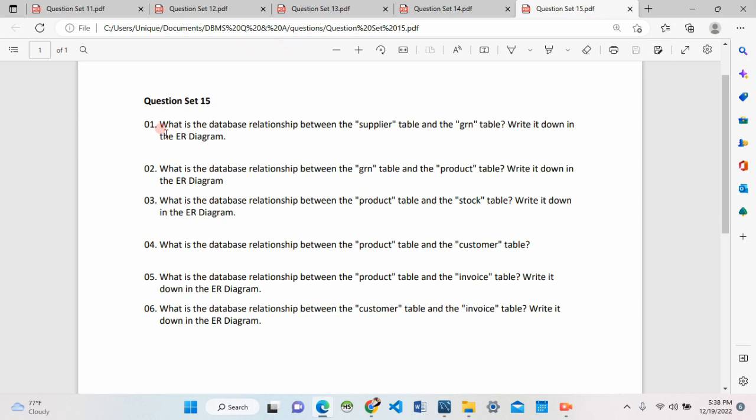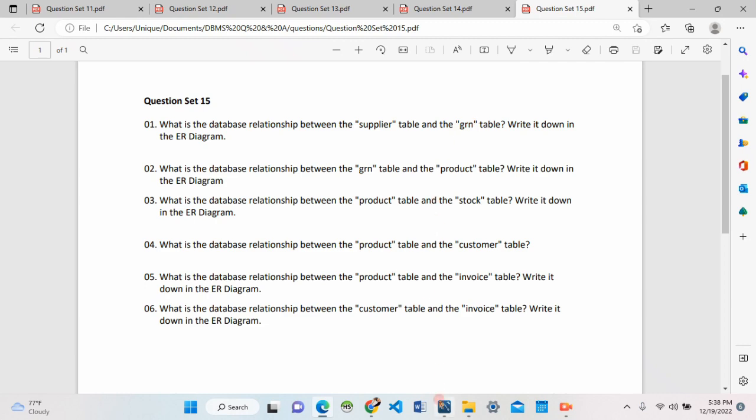So now we will see the first question. What is the database relationship between the supplier table and the GRN table? Write it down in the ER diagram. So now they are telling us to mark the relationship between the supplier and GRN tables in the ER diagram.